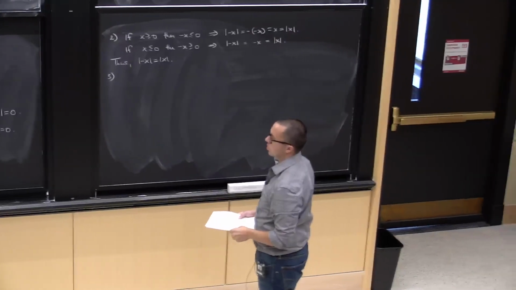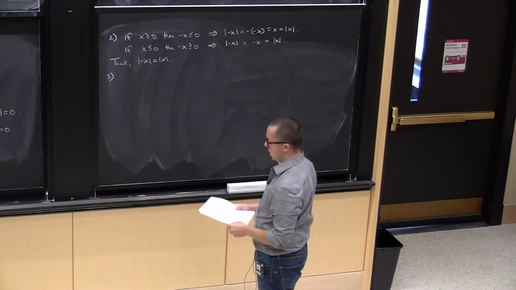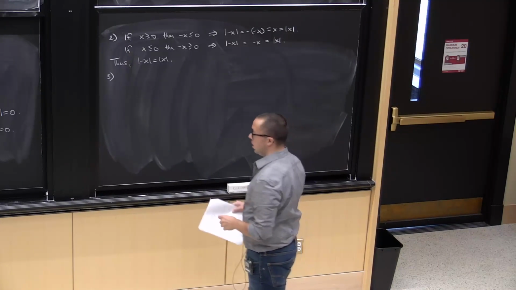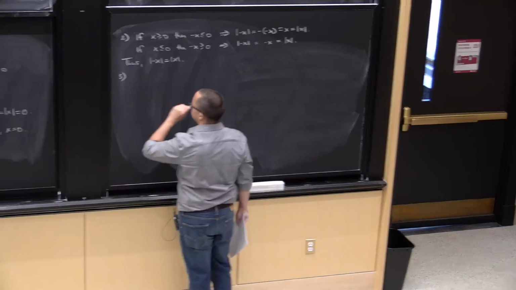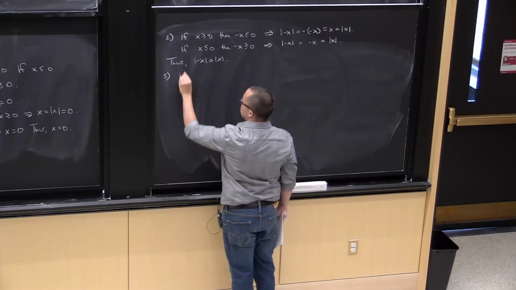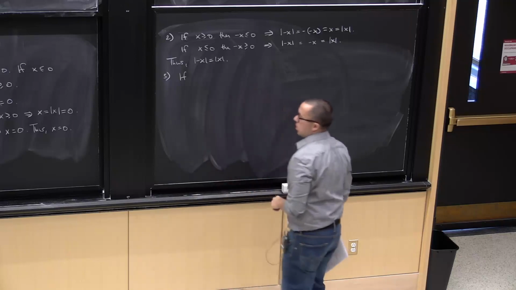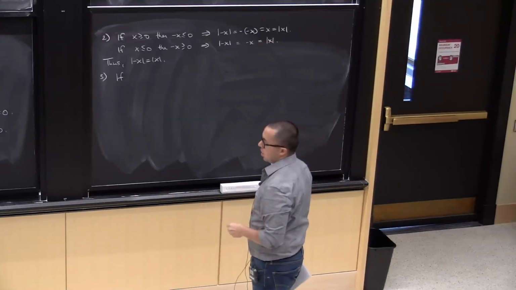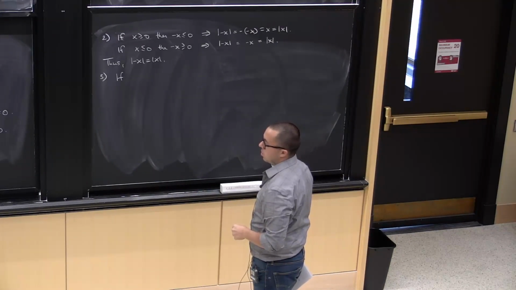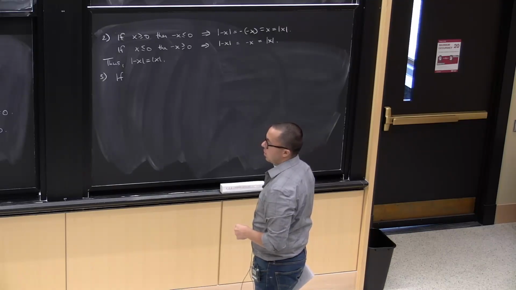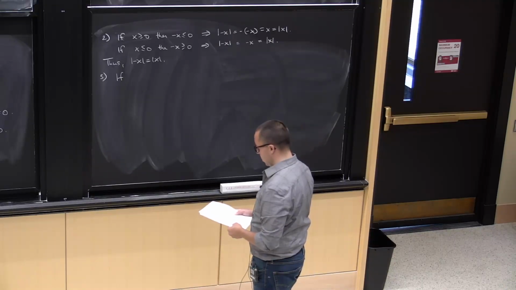Okay, so for all x, y real numbers, the absolute value of x times y is equal to the absolute value of x times the absolute value of y. So we need to consider cases. Both of them are non-negative, both of them are non-positive, or one of them is non-negative and one of them is non-positive.